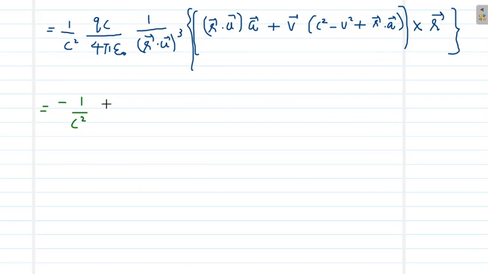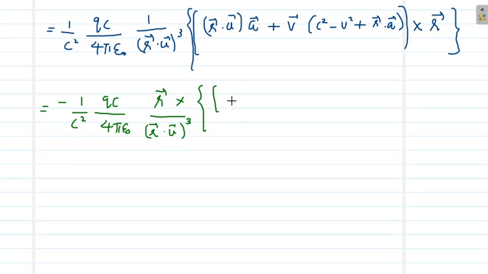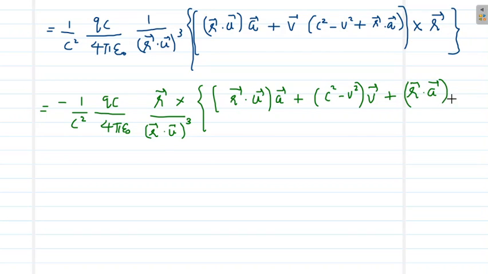So it is minus 1 by c square qc divided by 4 pi epsilon 0, r bar cross, divided by (r bar dot u bar) the whole cube. The terms: r bar dot u bar into a bar plus, I am going to split these terms, (c square minus v square) into v bar plus (r bar dot a bar) into v bar. So this is the equation for the magnetic field due to a moving point charge.